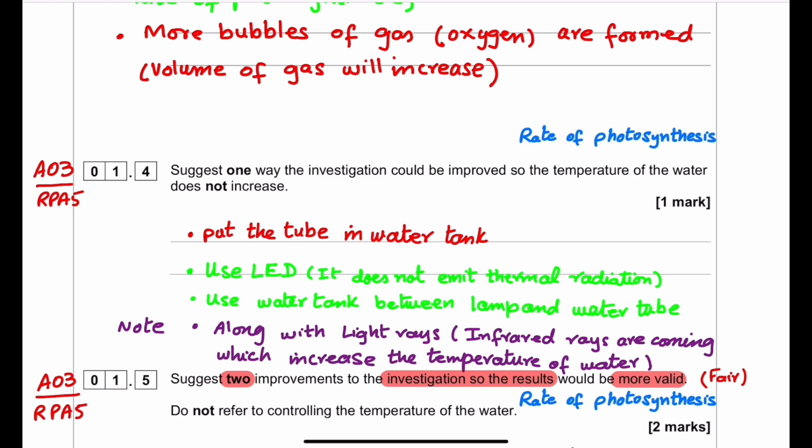The student needs to use the same lamp as a control variable, the same size of pondweed in each experiment, and the same concentration of carbon dioxide in the water. Then the investigation will be considered valid. Let's see the model answer.